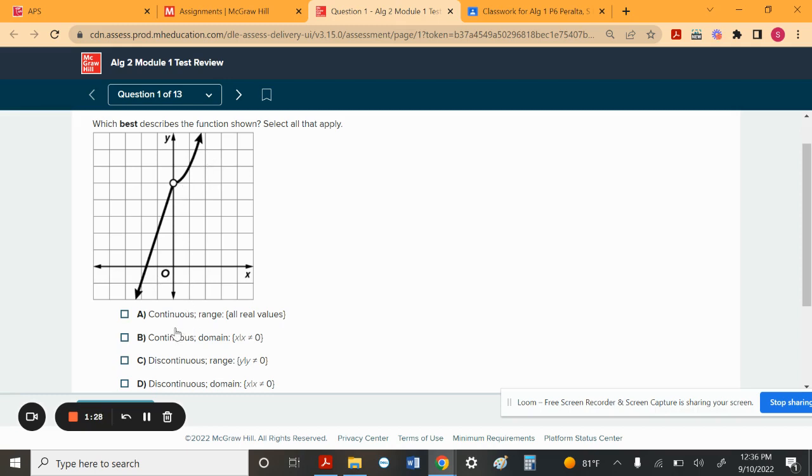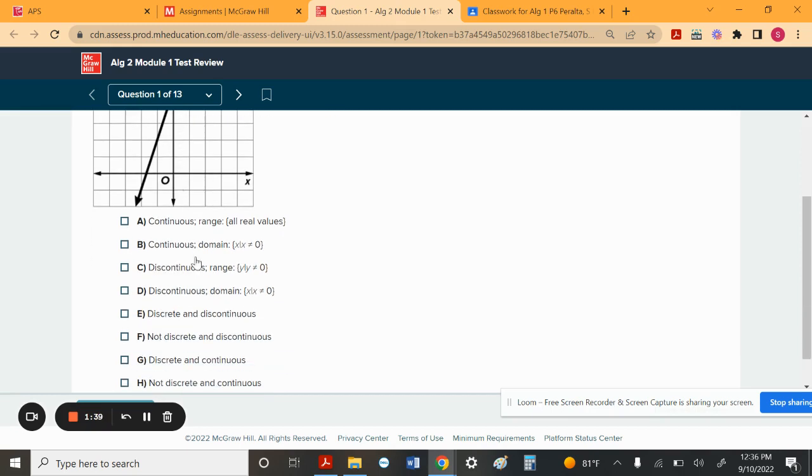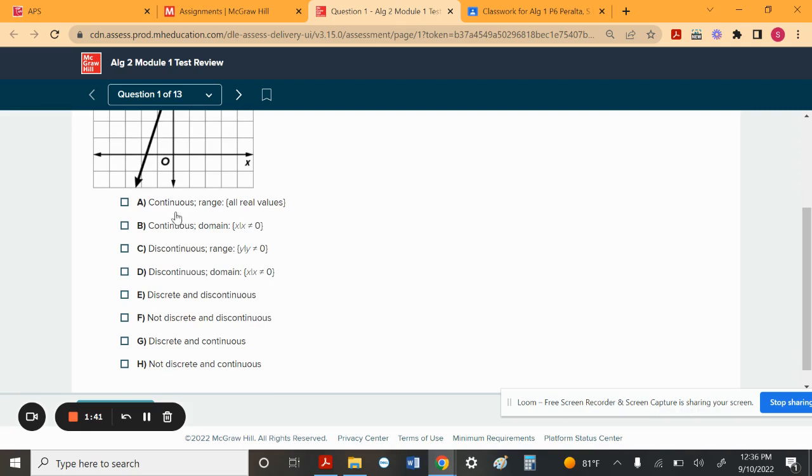So it's definitely not continuous, so that eliminates A and B. It could be discontinuous, so it's not discrete. So that's what's important, it's not discrete. So we know it's not discrete because of that. It can't be discrete and discontinuous. It's not discrete and continuous. It can't be, well, actually, maybe it is. So we'll see what that is. So it's definitely not discrete, and it's not continuous in that particular case.